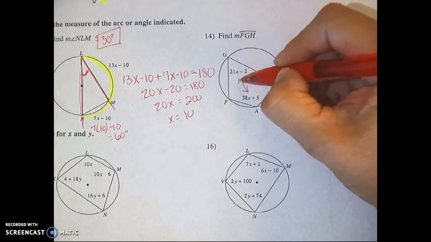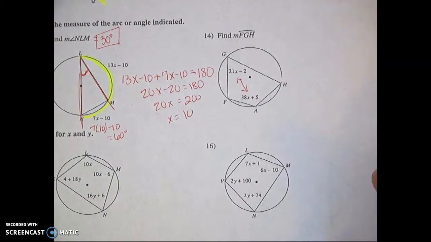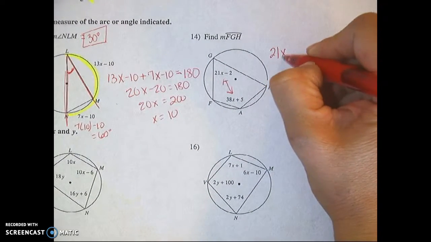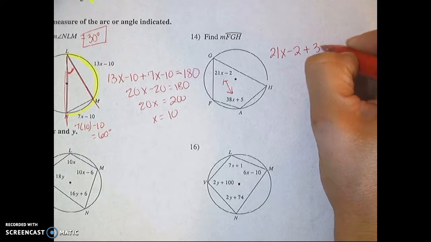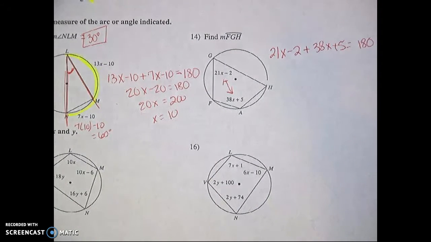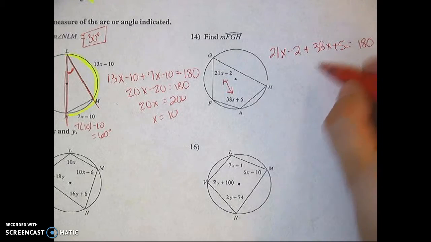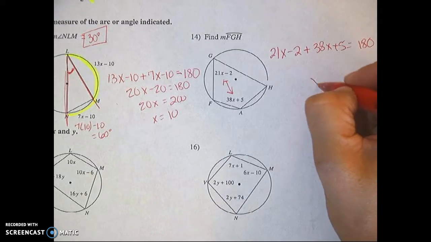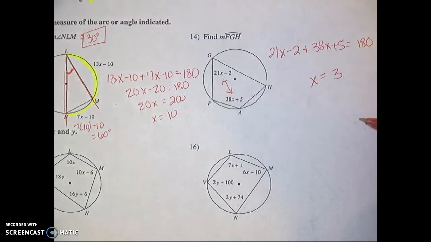These two are angles in an inscribed polygon, which means they're supplementary. So I would add them together, 21x minus 2 plus 38x plus 5 equals 180. Again, they're supplementary. You solve that all the way down, you would add the 21x and the 38x, the negative 2 and the 5. You should get that x equals 3.